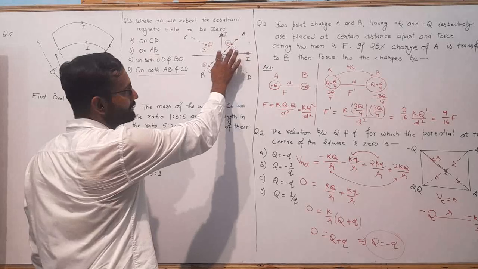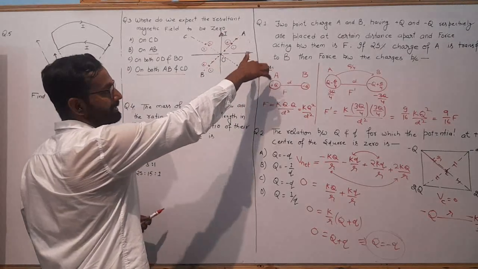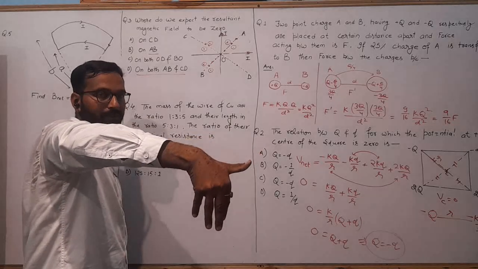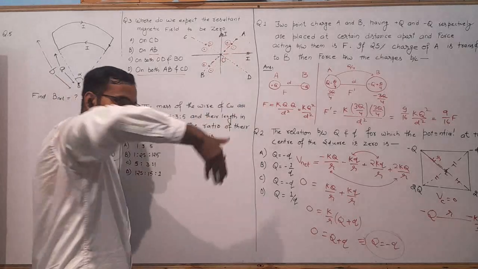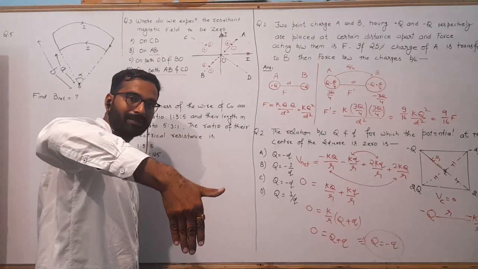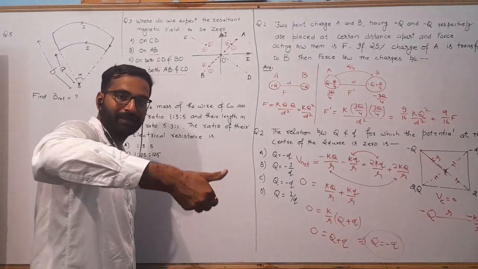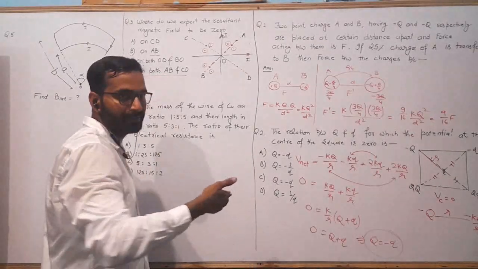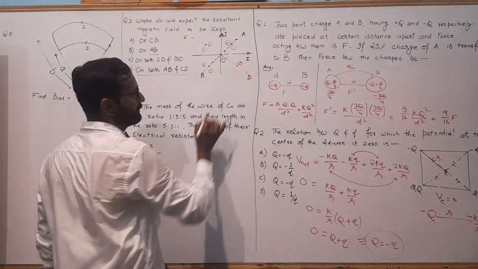Similarly in this portion, when the current goes in this direction, we put the thumb in the current direction, which is downward. So we put the fingers in the downward side and curl the finger. We find that the finger is going in the inward direction, that means into the plane. The direction will be this one.